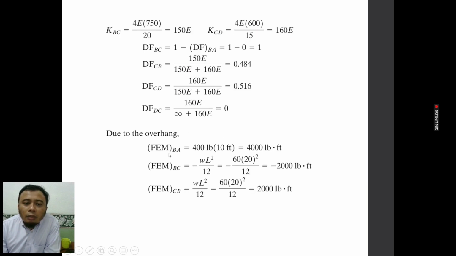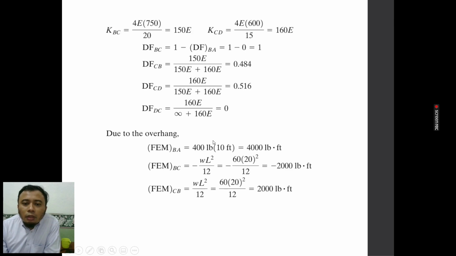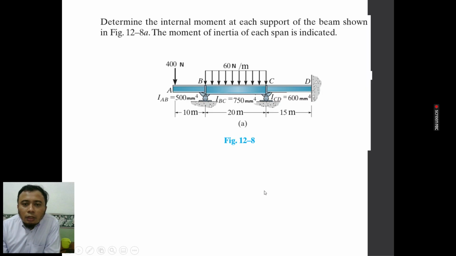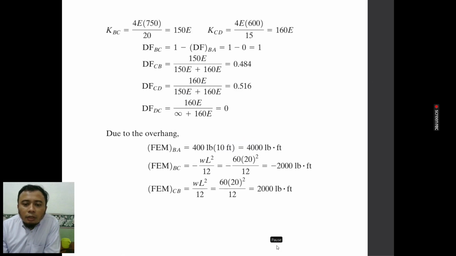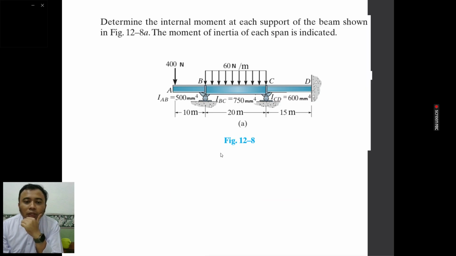So you get the fixed end moment at B, BA, as 4,000 pound-feet, or in this case 400 Newton-feet. So let me change this before we go any further. So basically the overhang 400 Newton times 10 meter, 400 times 10 meter.